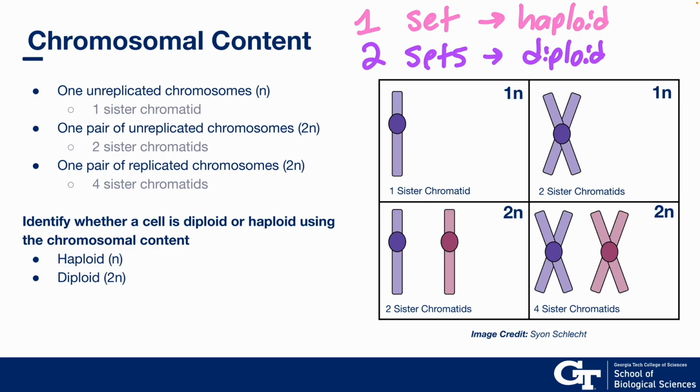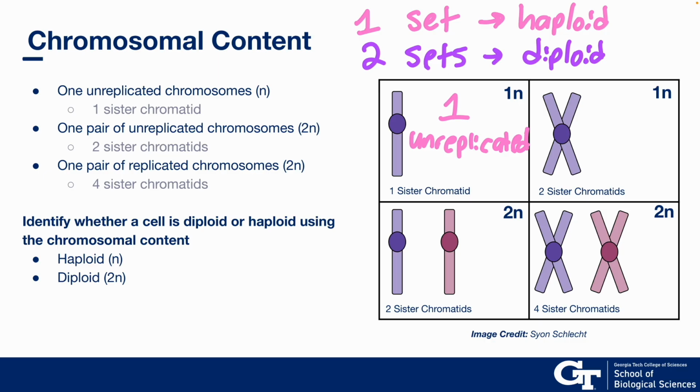For both one set and two sets, there are two different ways to be diploid or haploid. For example, we can have one set of chromosomes consisting of just one sister chromatid. Because we have one set, we're haploid, and this is going to be one unreplicated. Sorry, there's not a lot of space in that box. So we have one unreplicated.